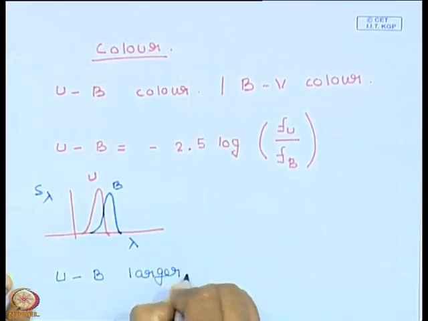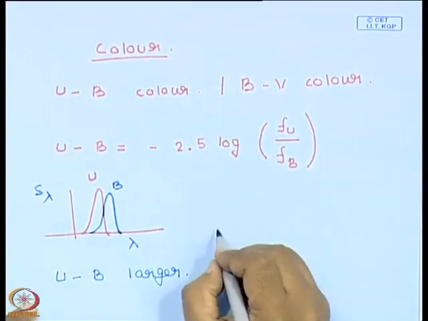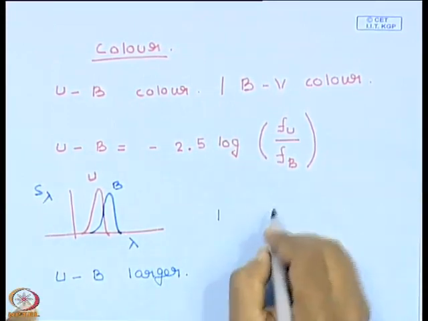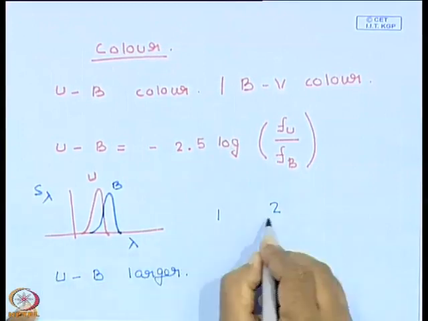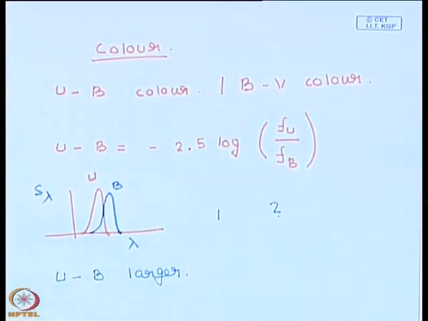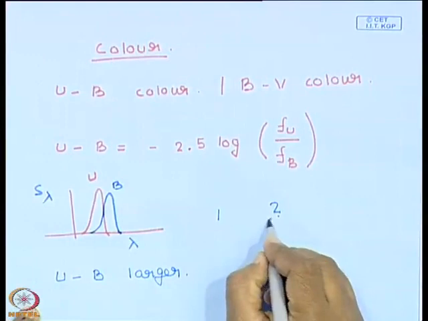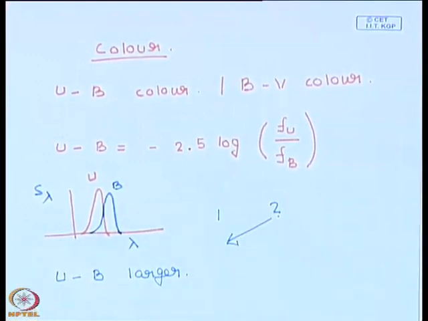Suppose I have two sources, 1 and 2, and 2 has a U minus B which is larger. So for 2, U minus B is larger.